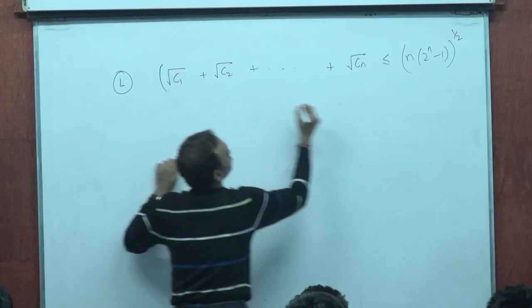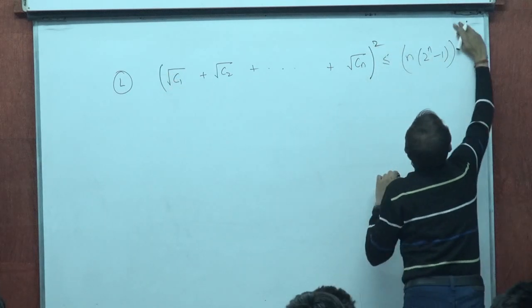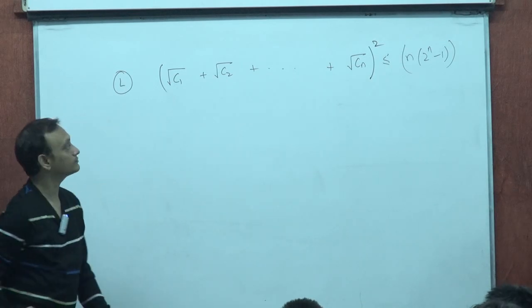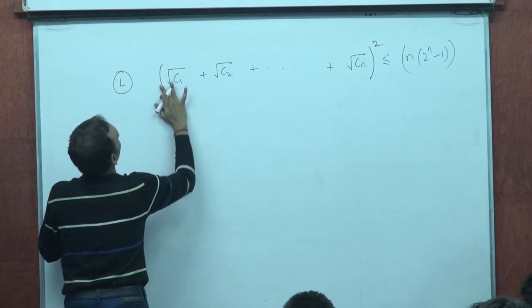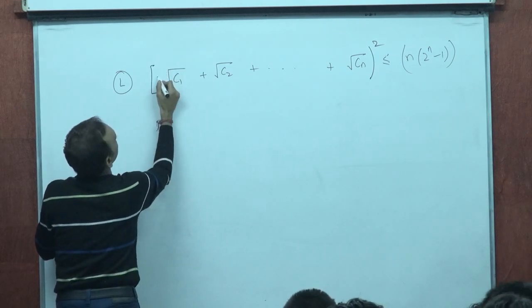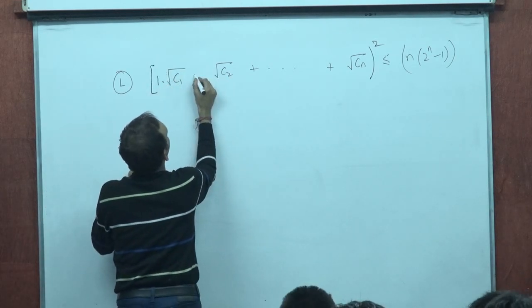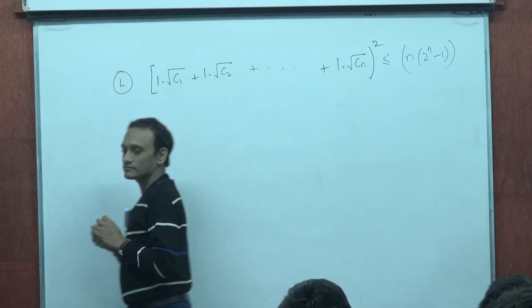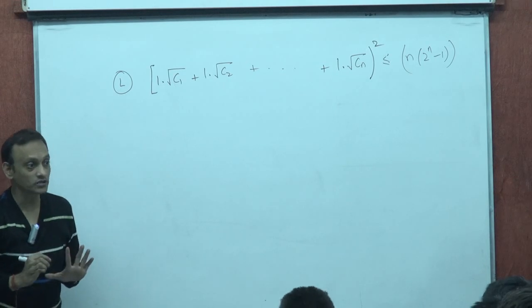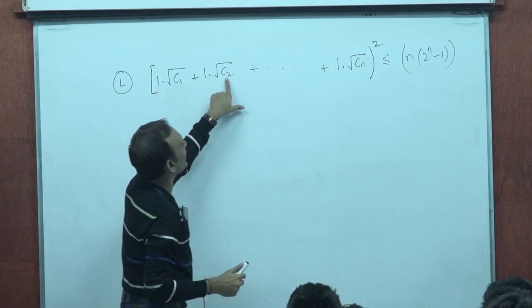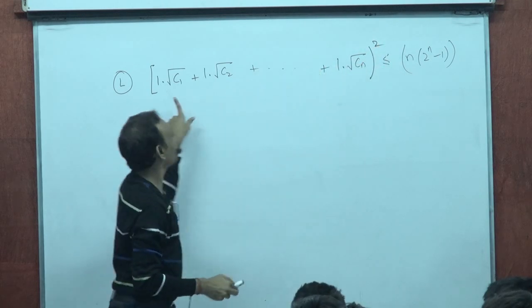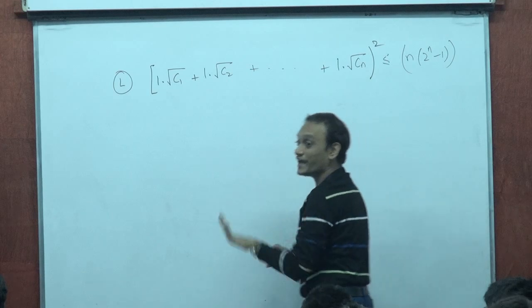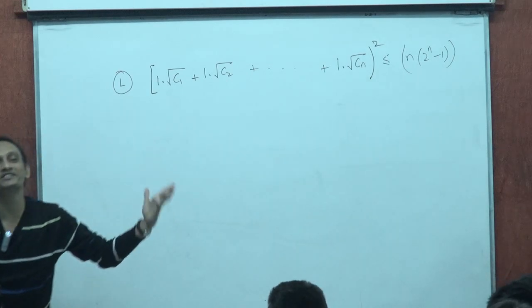Essentially, what are you trying to show? Whether this is less than this or not? This is like 1 into this plus 1 into this plus 1 into this. Right? Now, this is summation aibi whole squared, where the ais are 1, 1, 1 and the bis are root C1, root C2, root Cn. Right, Cauchy-Schwarz inequality.